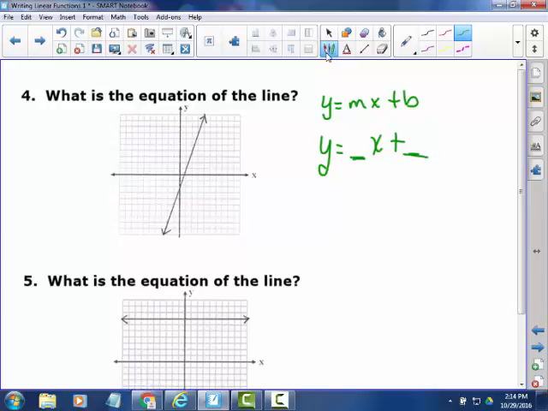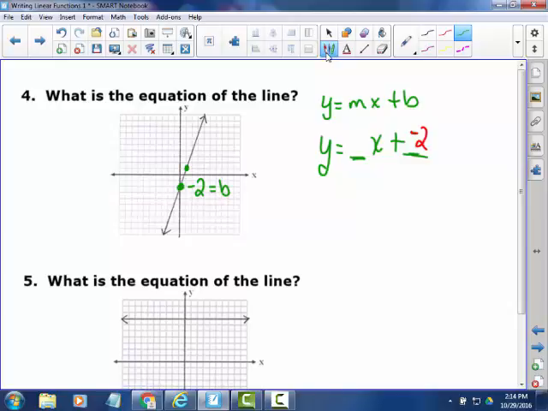So we look over here at our graph, and I can see quite nicely it's going through the y-axis here at -2. So that means I have a b value of -2. So I'm going to stick -2 in that spot. Okay, then we need to count slope. Slope is rise over run between 2 points, and I appear to have another point right there at 1, 1.